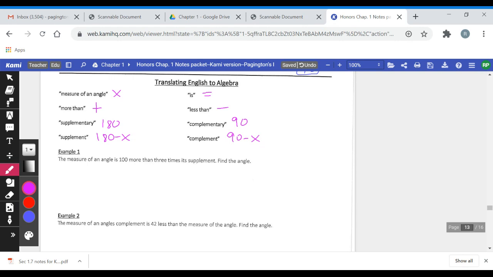Okay, so we can use those to help us down below. So if we start reading these, we want to set up a true equation based on the wording, and we can use our little guide up above to help us out with that. So when it says the measure of an angle, all of that is referring to our X, like we have up above.